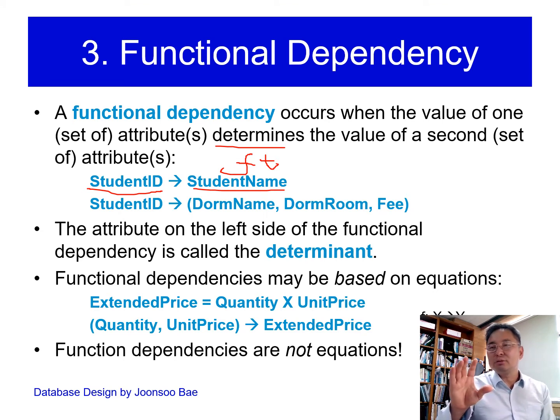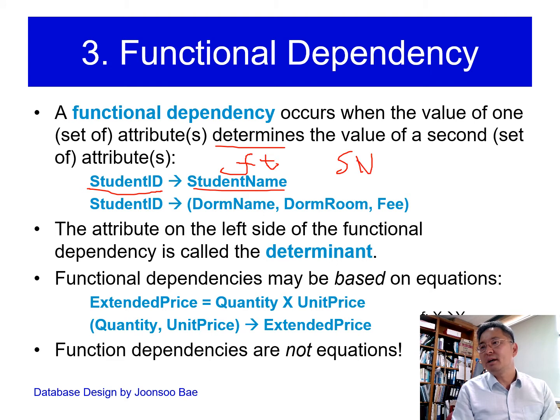Do you think the reverse is okay? The reverse is also a functional dependency. That means student name will determine student ID. Is it true or not?